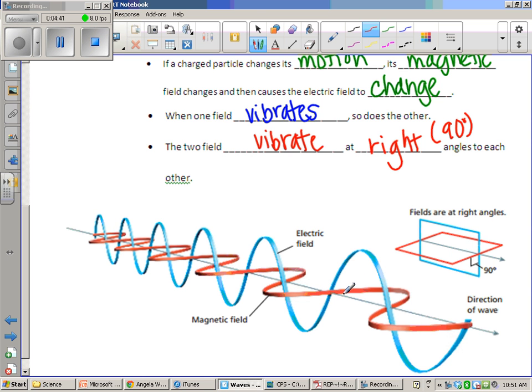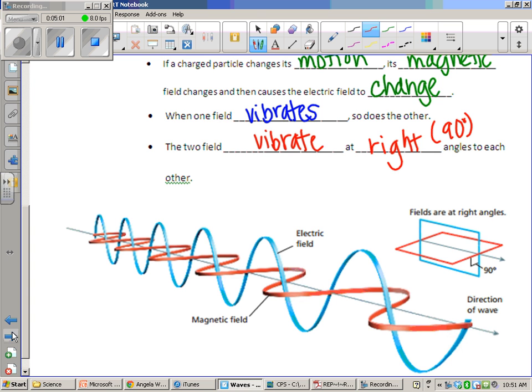Okay, and then at a 90-degree or right angle to the electric field, you also have the magnetic field. So these are very intertwined to make up that electromagnetic wave, because if one will move, then the other will move. If one vibrates, it'll cause the other one to vibrate as well.